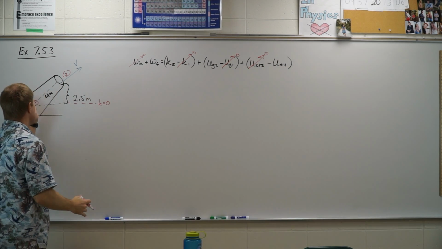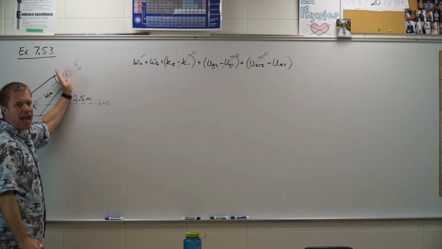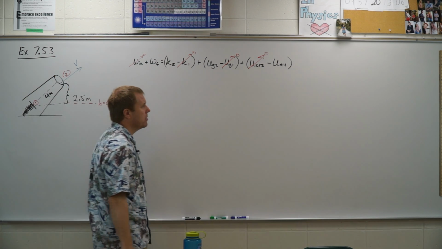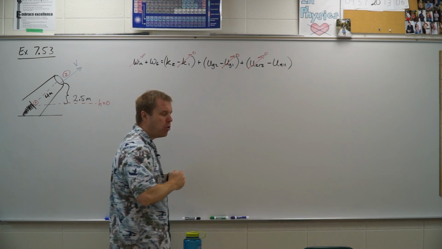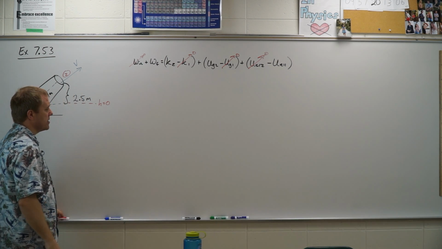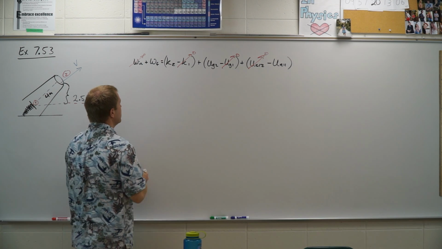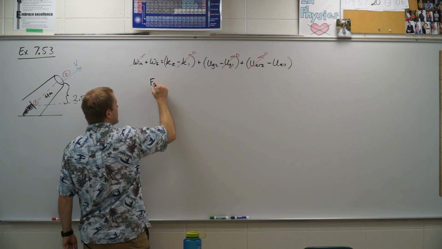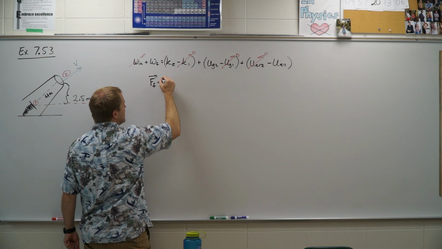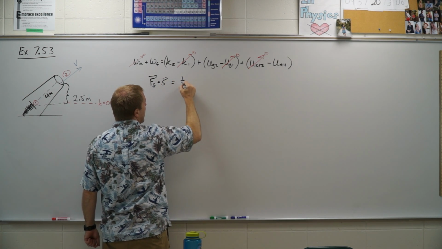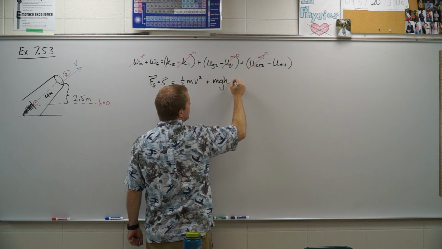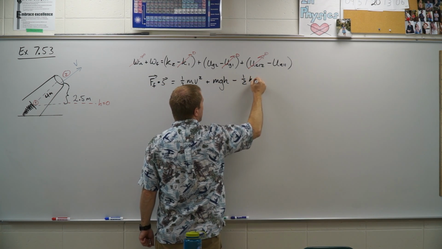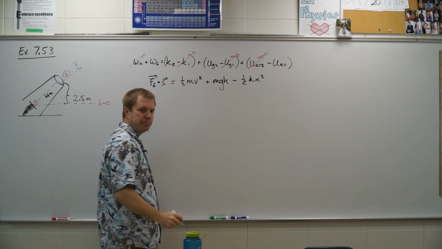Once it gets back to that equilibrium point at the end of the cannon, it's no longer applying a force. And then it does have some energy stored when we compress it. All right, so let's see what we got left here. So we got force of friction dot displacement equals 1/2 mv squared plus mgh minus 1/2 kx squared.